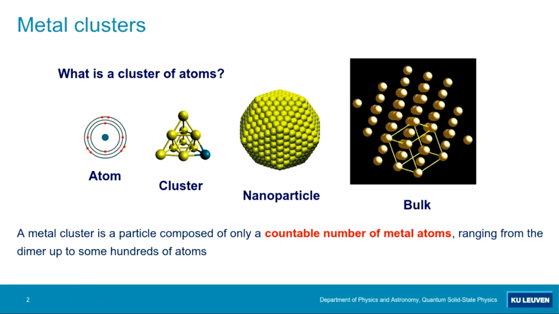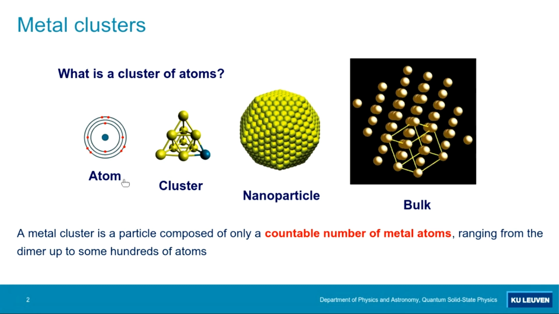So let me start by explaining what I mean by a cluster. In this case, it's a metal cluster. If you think of matter at different lengths, you have on one side an atom, which is a really small object, just a nucleus with some electrons around, with properties defined by the electronic structure, the energy levels of the electrons.